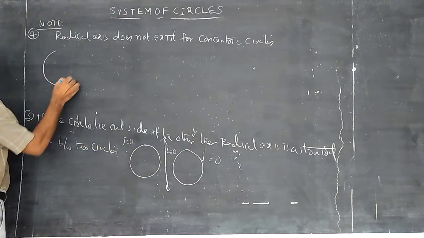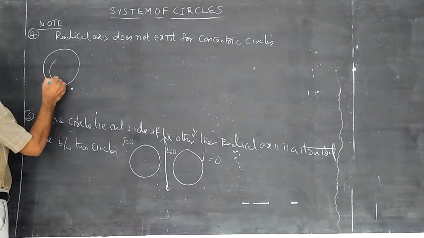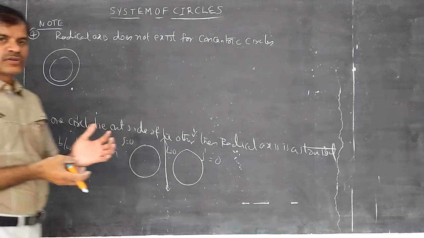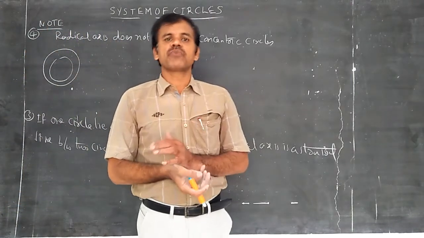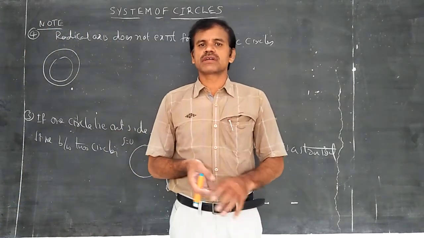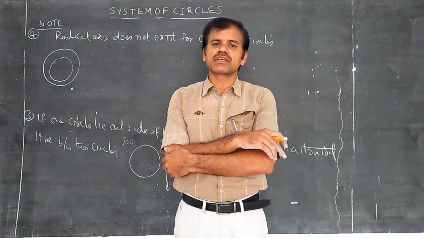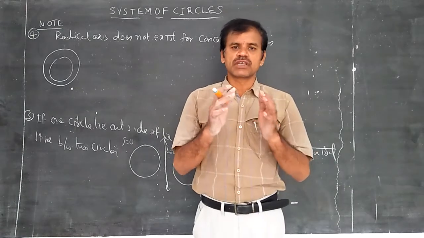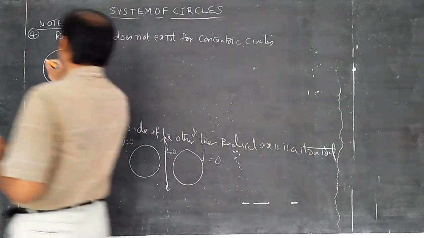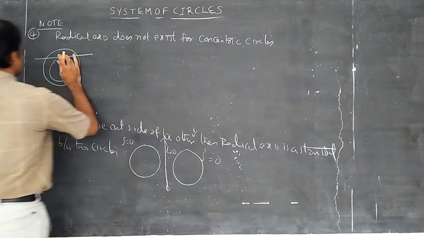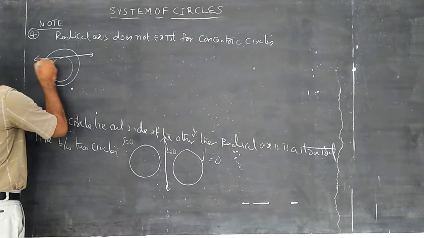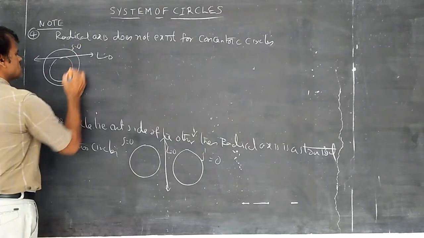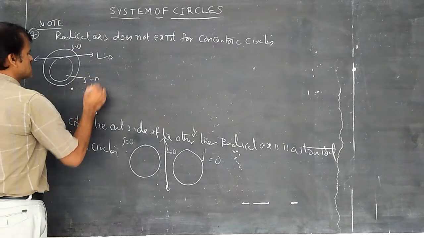Because, draw the circles like this. Radical axis means the locus of a point or set of points in the plane of the circles whose powers with respect to the two circles are equal. If we draw a line like this, let the line be L equal to 0, this is the circle S equal to 0 and this is the circle S dash equal to 0.